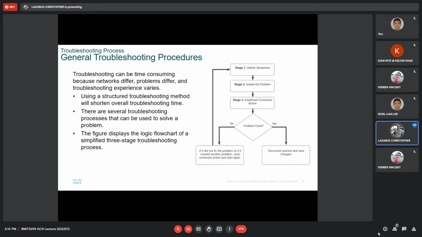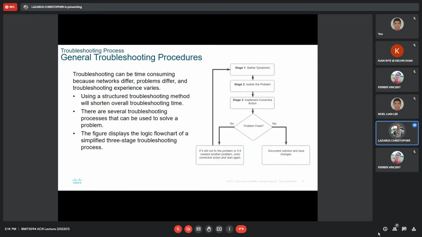you have to redo your steps. Okay, you think about what other corrective action you can do. Or if it's solved, but it creates another problem, then you still have to redo everything from stage 1 for that new problem.